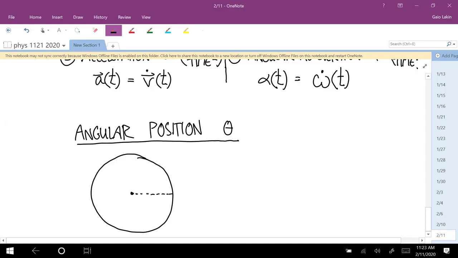Usually that reference line is like the positive x-axis, but it doesn't have to be. You just have to choose a reference line. And say that this is the object at some given instant, some desired instant. Then the angular position is the counterclockwise angle from that reference line.